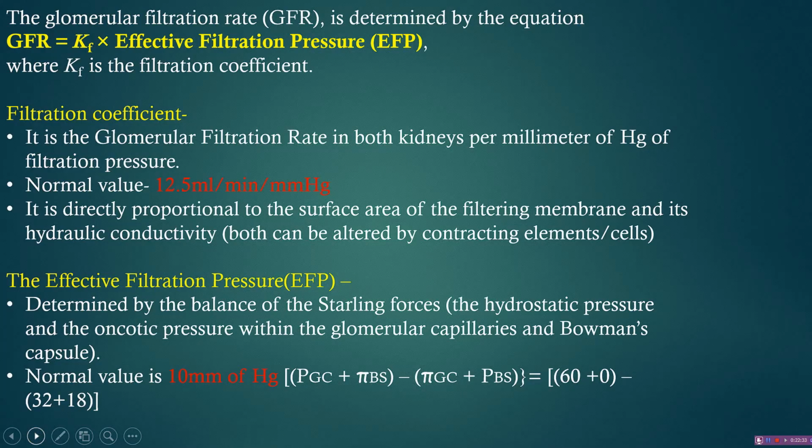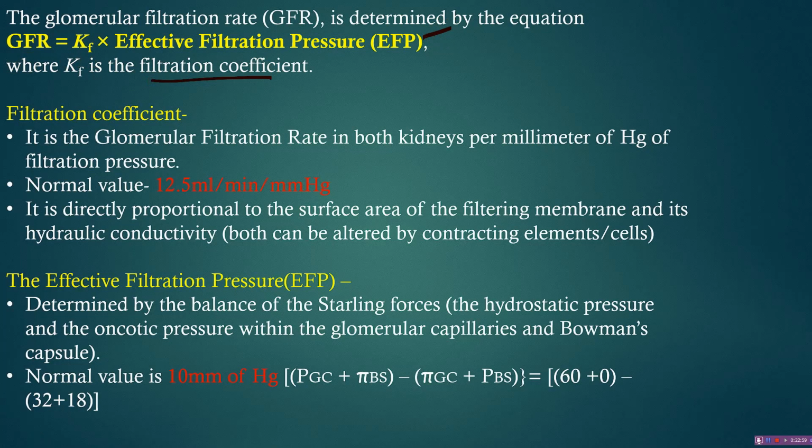Now there are some terms related to glomerular filtration which you have to know. First is the glomerular filtration rate, which you have already seen, that is the abridged form or the short form of the previous equation. The GFR is the filtration coefficient into the effective filtration pressure.